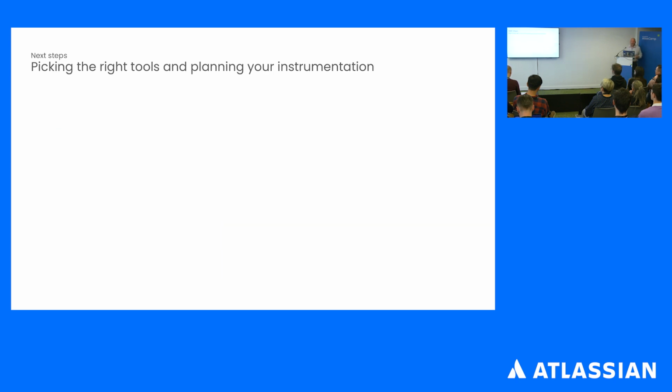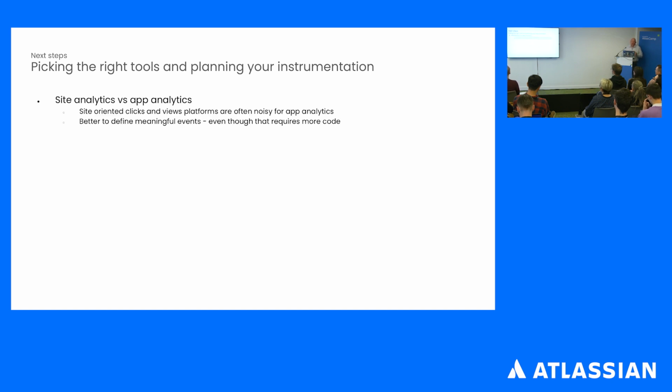Okay, next steps. Let's talk about picking the right tools and planning your instrumentation. A quick note about site analytics versus app analytics. Easily confused. Site analytics are clicks, views, downloads. Typically used for sites, not apps. For an app, they're kind of noisy because they're not focused and concise on the steps of your activation journey that you're trying to understand the success of your trial users seeing the value.